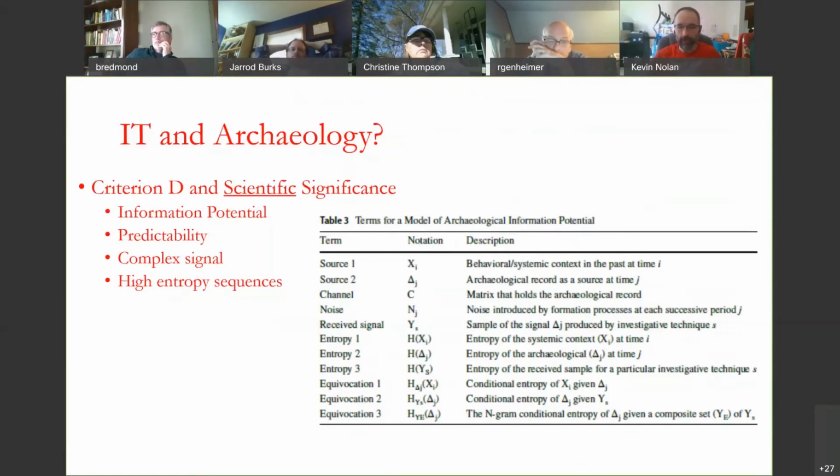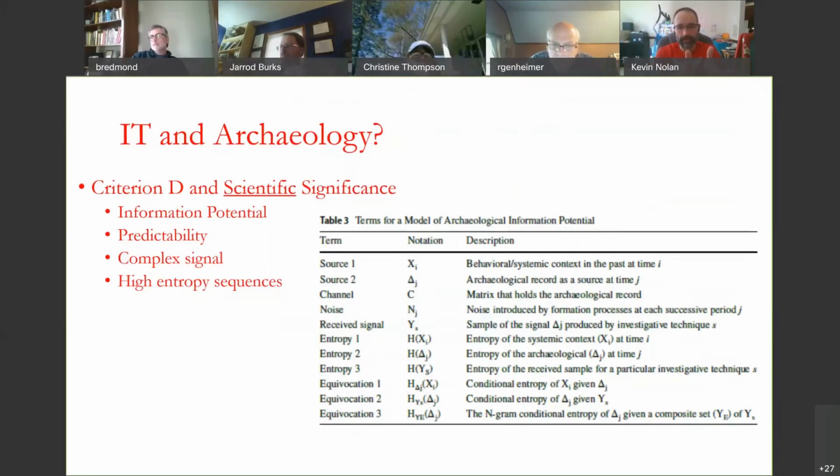Before you go out into the field, before you get that magnetometer out, before you get your shovel out, you have a certain amount that you already know. That's the starting point of your entropy. As you take more samples, your conditional entropy reduces. And there's always going to be a remnant level of entropy. Hopefully, you're going to eventually reduce your conditional entropy to the level of uncertainty that is in the original source that you're trying to understand.